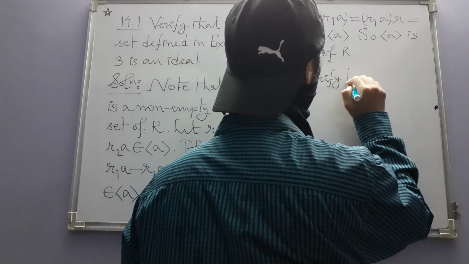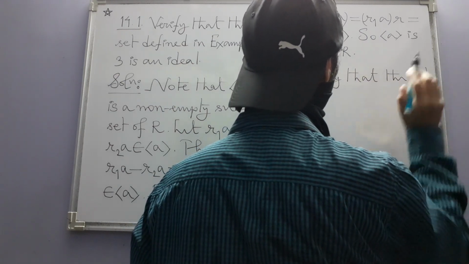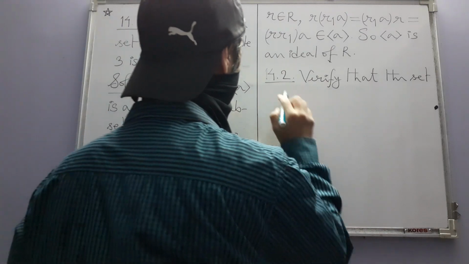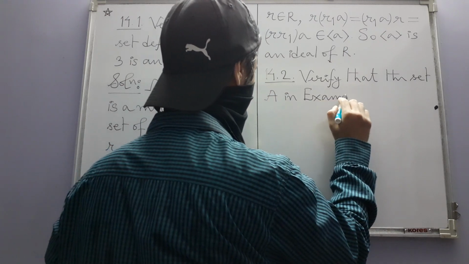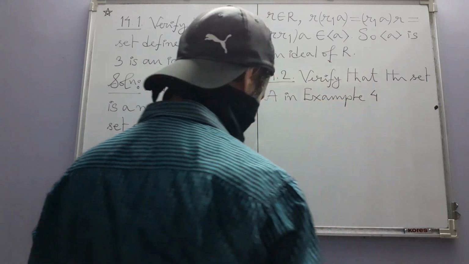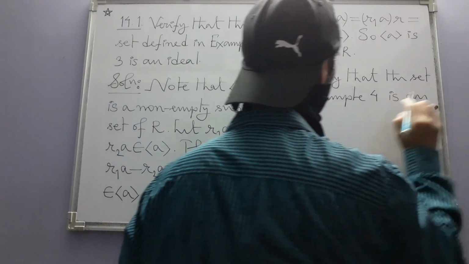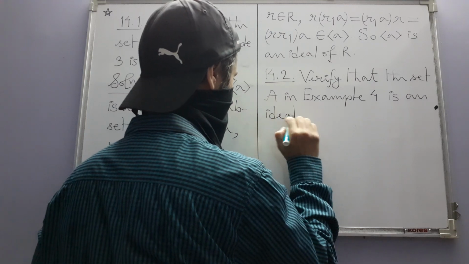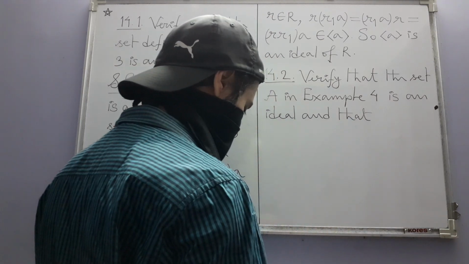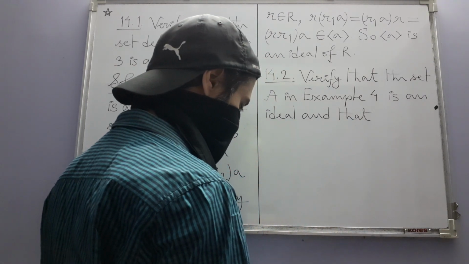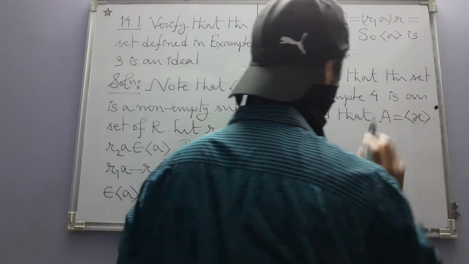Verify that the set A in example 4 is an ideal, and that there is something else also, that this A is actually this.